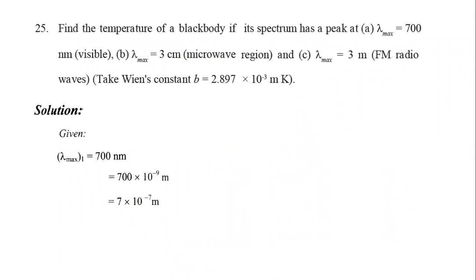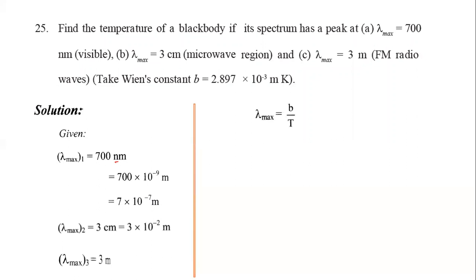So the first maximum wavelength lambda 1 is 700 nanometer. Nano means 10 raised to minus 9, so 700 into 10 raised to minus 9, or we can write 7 into 10 raised to minus 7. The second maximum value is 3 centimeter, which we converted into meter. The third is 3 meter.